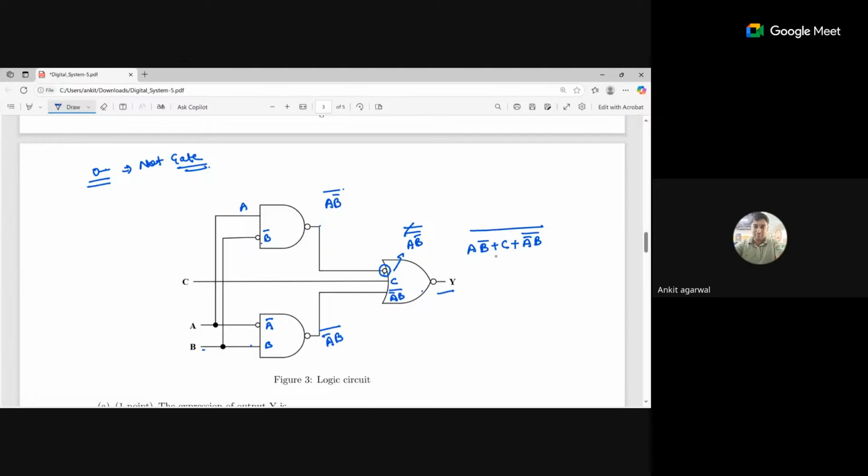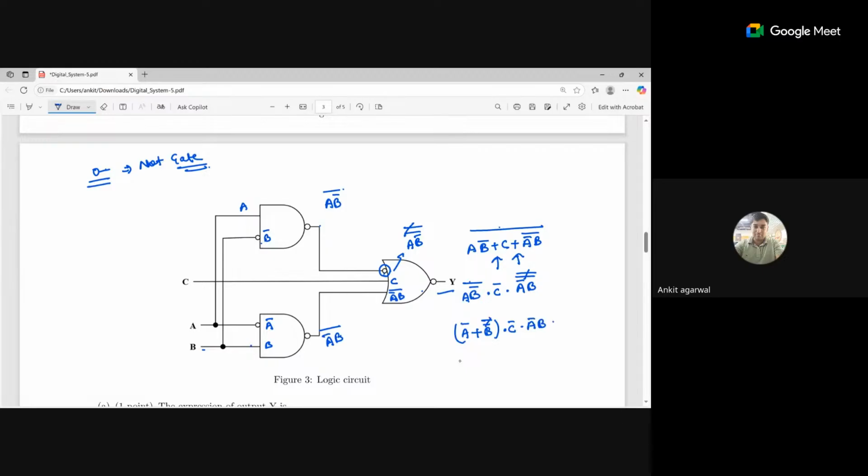So first of all, we are going to break this using De Morgan's theorem. This OR gate is converted to the AND gate. So A B bar bar dot C bar dot A bar B bar and one more bar. So both bars will be cancelled out. Again apply the De Morgan theorem here. So it is A bar plus B double bar dot C bar dot A bar.